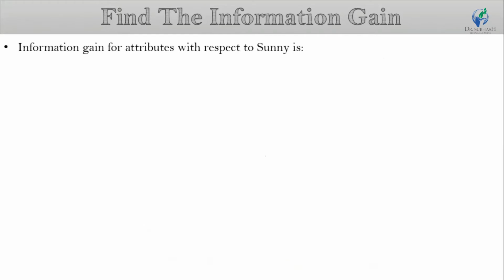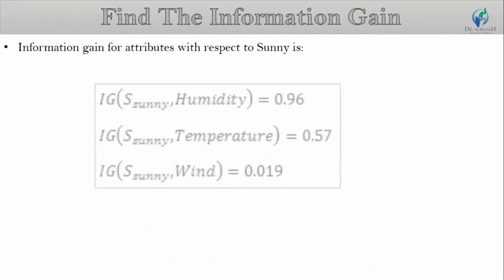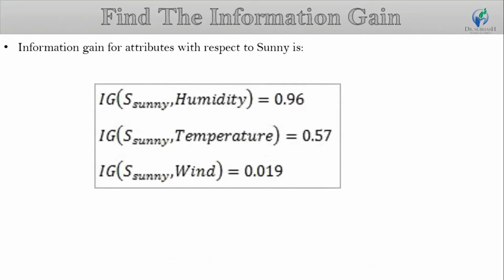Now in the same way we have found out the other answers like temperature and wind. So the information gain for attributes with respect to sunny is, for humidity the answer is 0.96. For the temperature the answer is 0.57, and for the wind the answer is 0.019. So here we have found out the information gain for our whole labels.